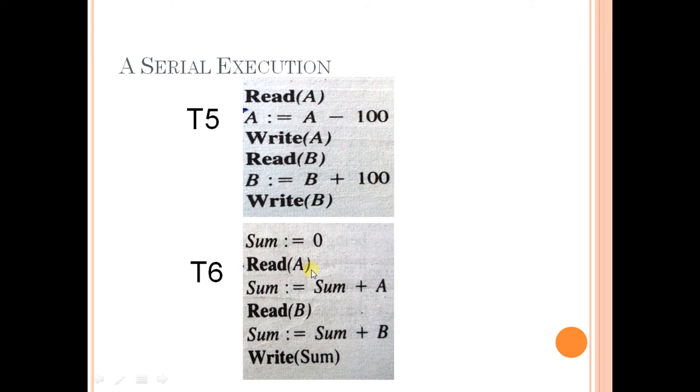Afterwards, when the next transaction comes, it reads 400 and 1100, total is 1500. Similarly, if the other is executed first, it will read A as 500, it will read B as 1000, and the total will be 1500. So in any case of serial execution, the total will be 1500.